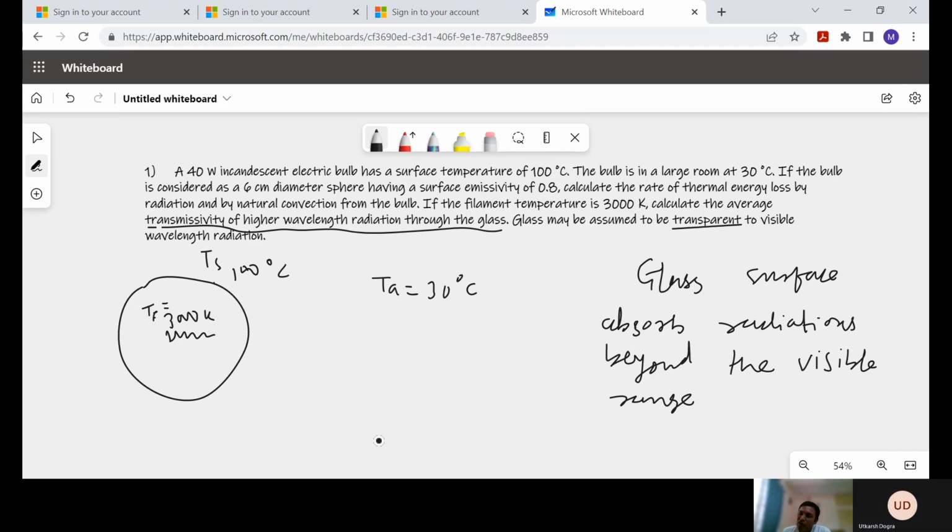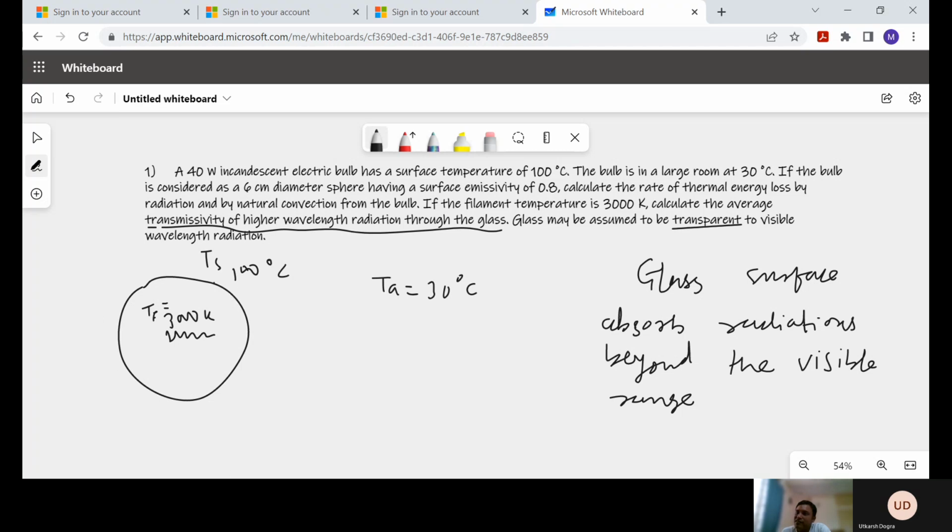Okay. So what we have to do is first calculate how much is the radiation outside this visible range which is generated by this filament. Then we have to calculate how much is the radiation responsible for increasing the temperature of this glass to 100 degrees Celsius.